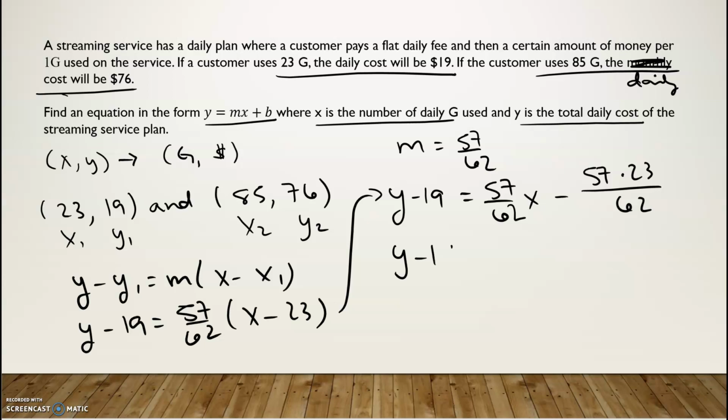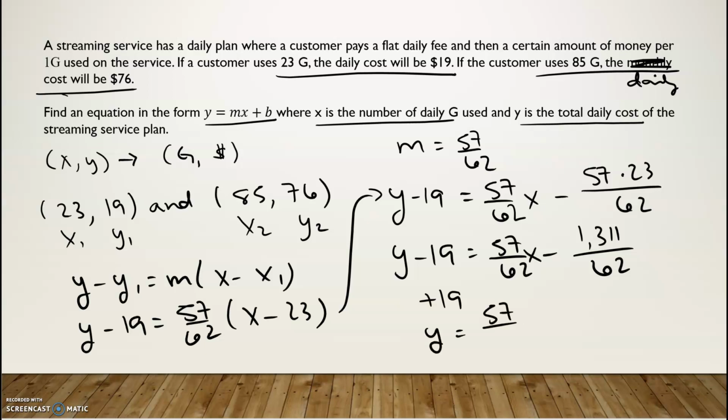All right, so we got y minus 19 equals 57 over 62x minus 57 times 23, 1,311 over 62. Then we're going to add 19 to both sides. So y is equal to 57 over 62x minus that number, and then plus 19.